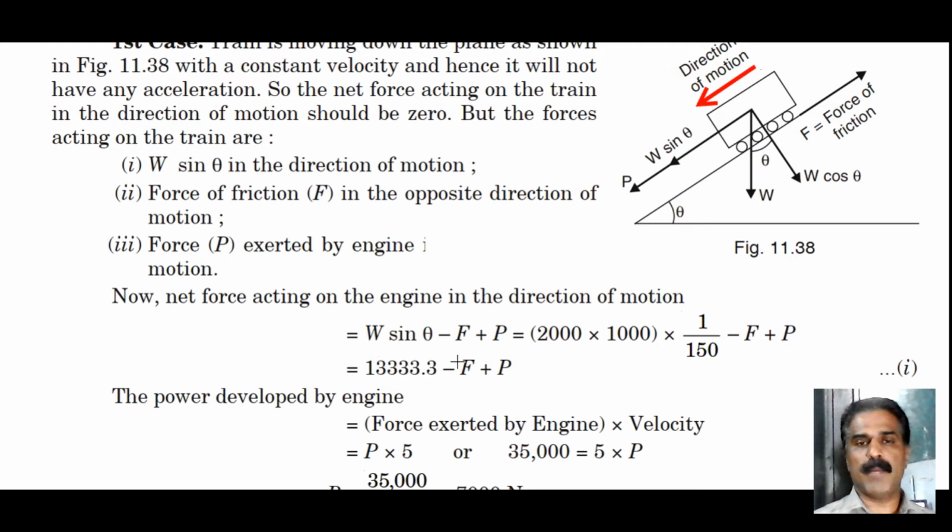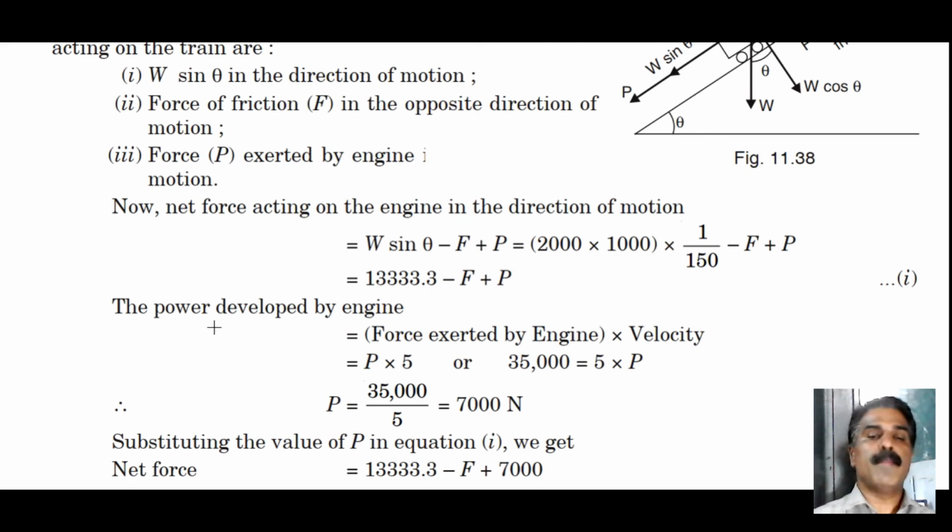So W sin theta plus P minus F is equal to 2000 into 1000 into 150 minus F plus P. You will get it as 13,333.3 minus F plus P. That is the net force acting parallel to the plane.